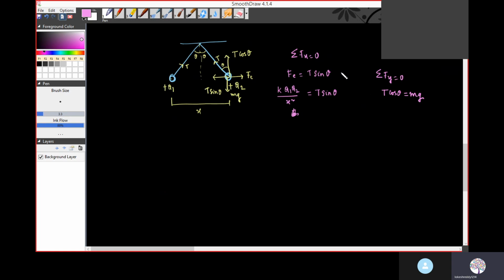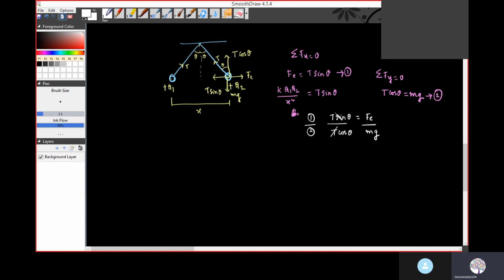Now I'll put this one as equation 1, and this as equation 2, and then I will write equation 1 by 2. Equation 1 by 2 gives T sin theta is equal to Fe, and the second equation is T cos theta is equal to mg.